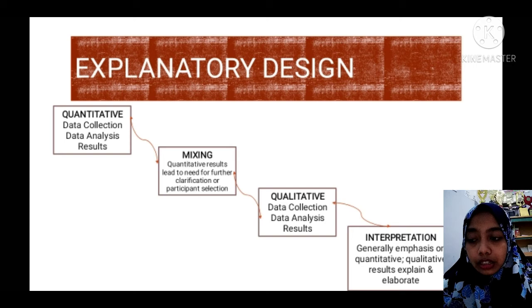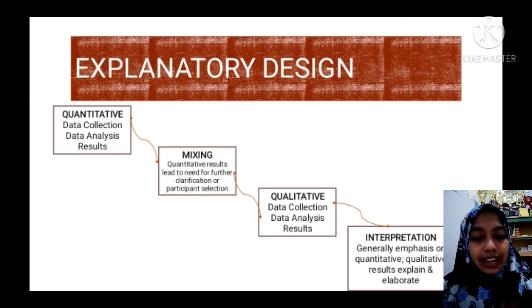The structure of an explanatory design report typically follows the sequential character of the design. The quantitative data collection and analysis is described first, followed by the description of the qualitative data collection and analysis.